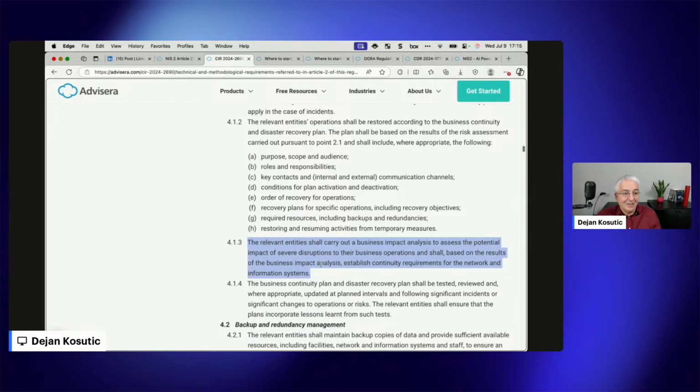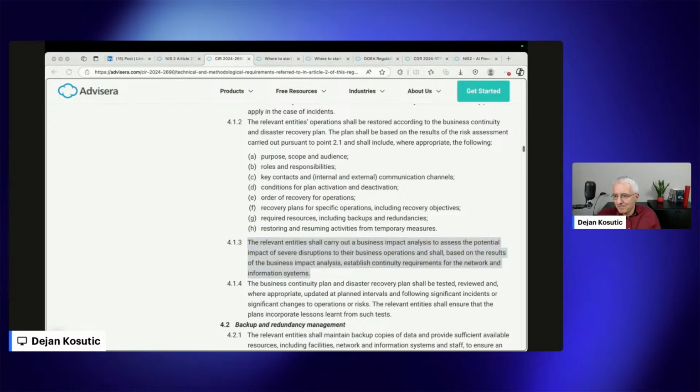As you can see, it does mention business impact analysis specifically, but it doesn't say what this is or how to do it. And when you go through the rest of this CIR, it doesn't tell you anything more. So, not very helpful when it comes to implementation.